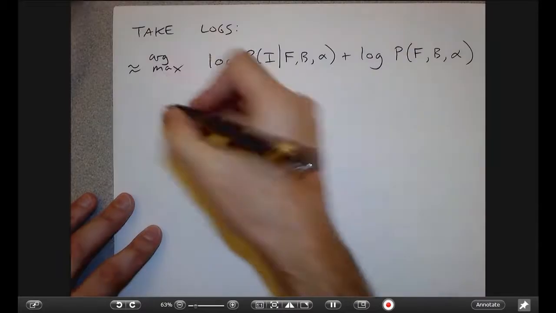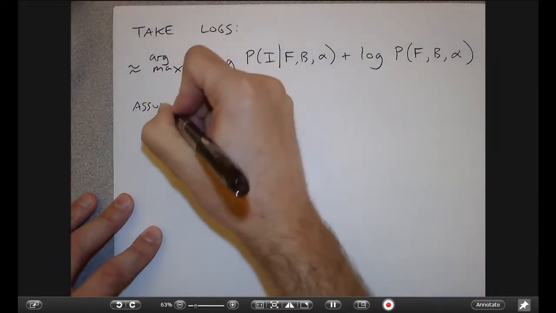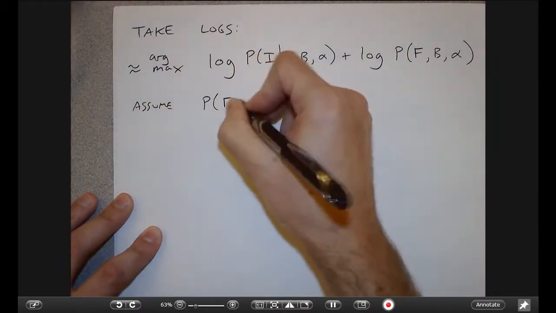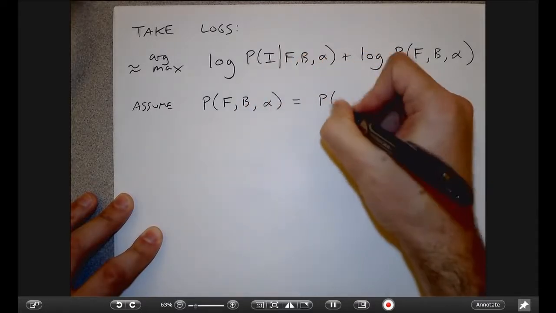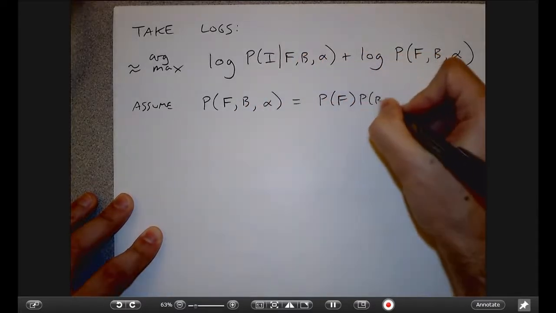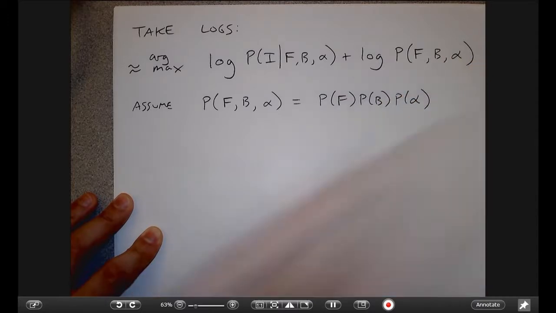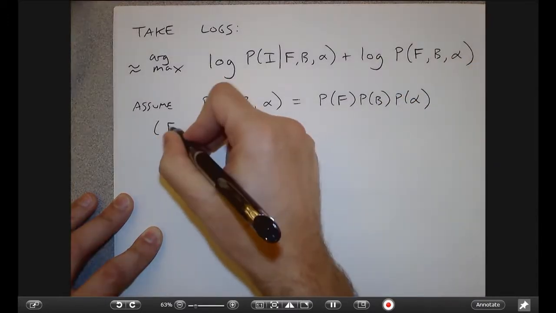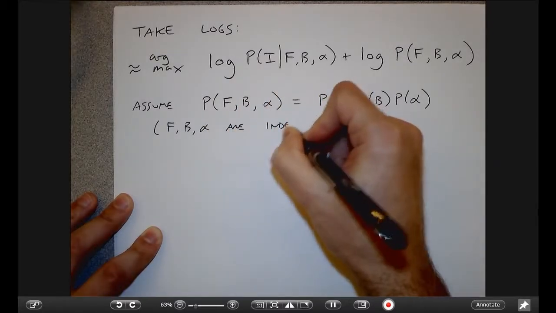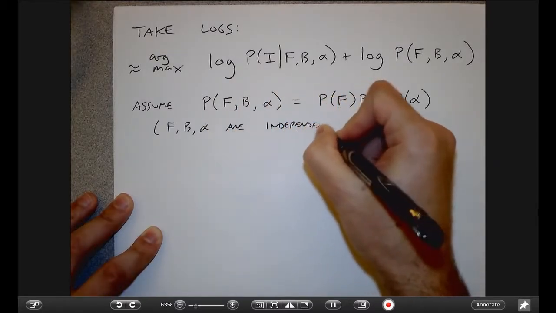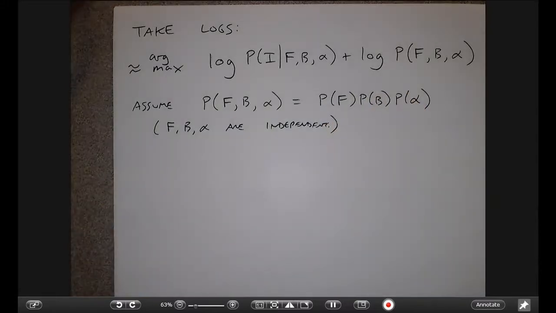I'm going to assume that the probability of these three guys happening together is nothing more than the individual probabilities multiplied together, right? This is kind of like saying that the foreground, the background, and the alpha are independent. And again, that's a pretty reasonable assumption to make, right?